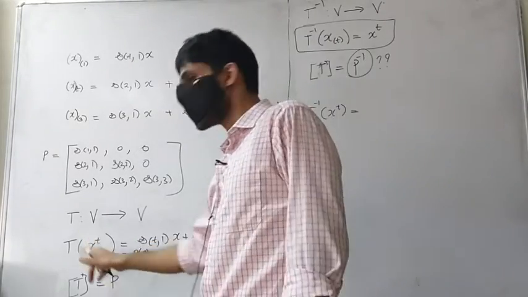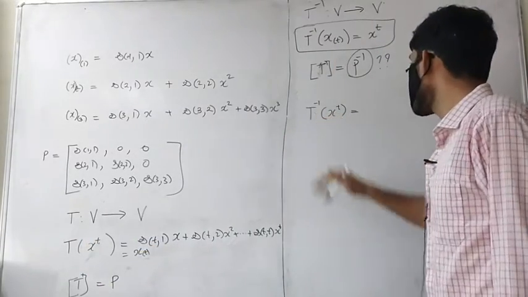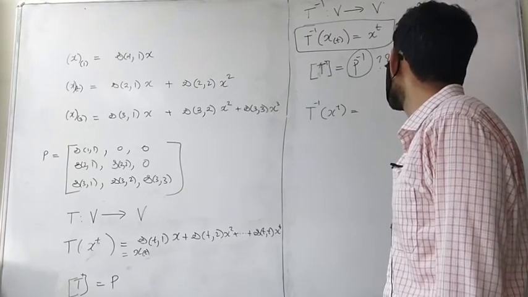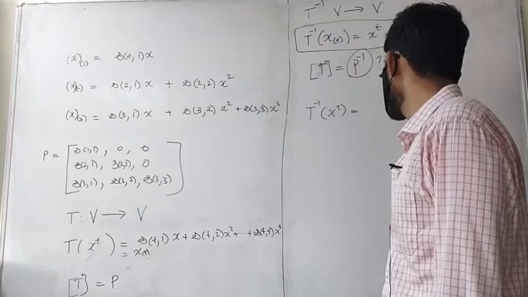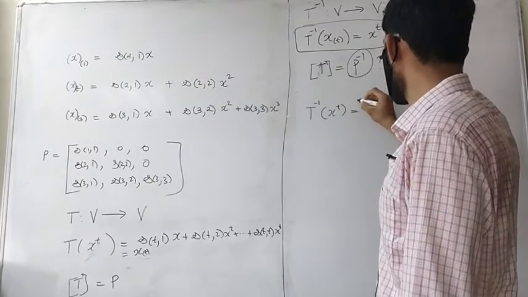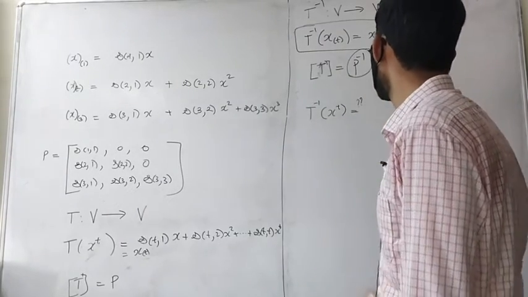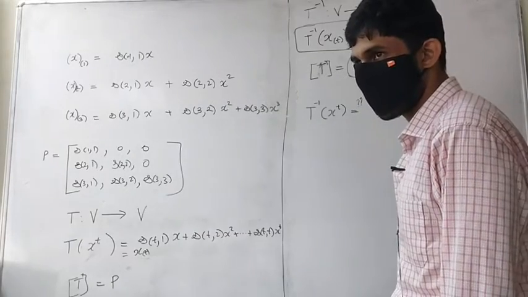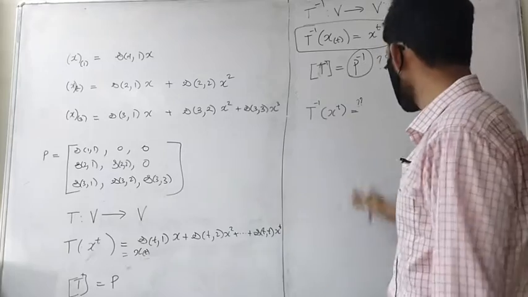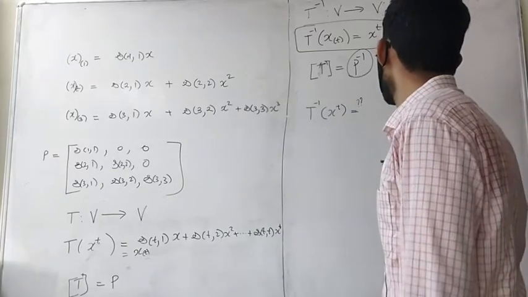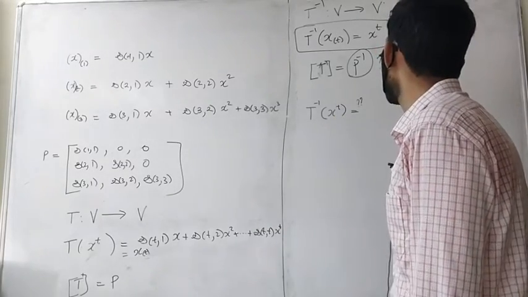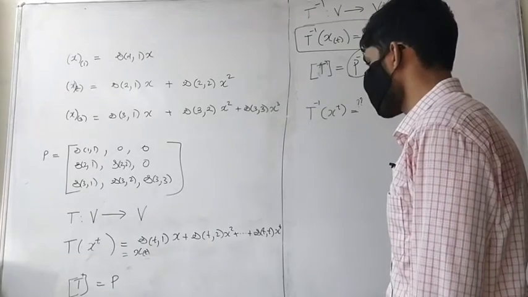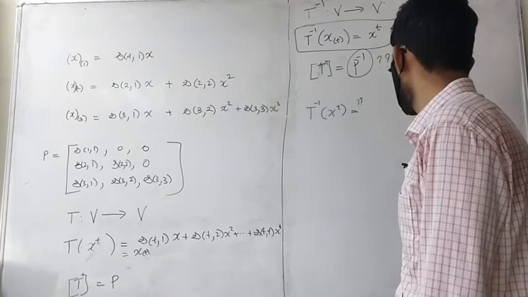So the inverse is going to just take that. So T inverse of x raised to t, where does it go? That's the basic question. We will get the row based on where this goes, right? Yes, that's the idea.